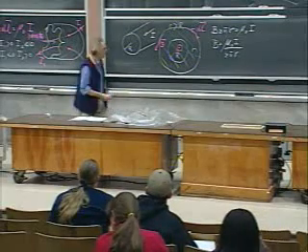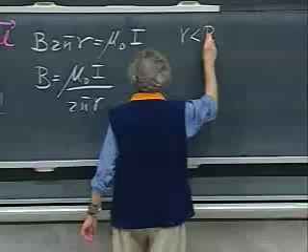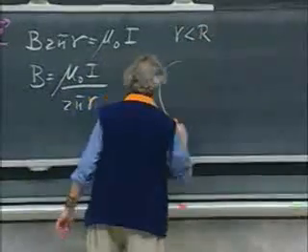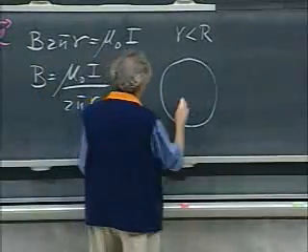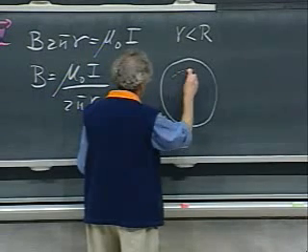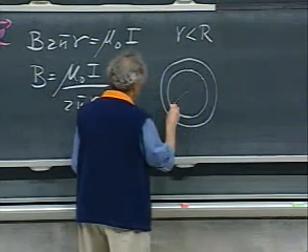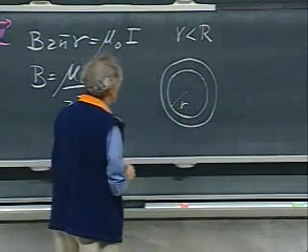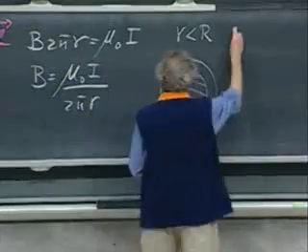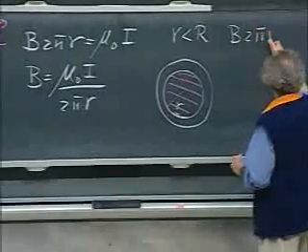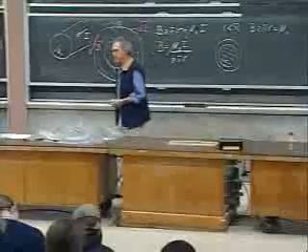But now we have a way of finding the magnetic field also inside the wire. So here we have the wire again, the cross-section, current coming out of the blackboard. And now I want a radius which is smaller than capital R. And of course, my closed path, again for reasons of symmetry, is going to be a circle with radius r. And my surface that I attach is a flat surface. And so here I go, B times 2 pi little r equals mu 0 times, now I have to be careful.